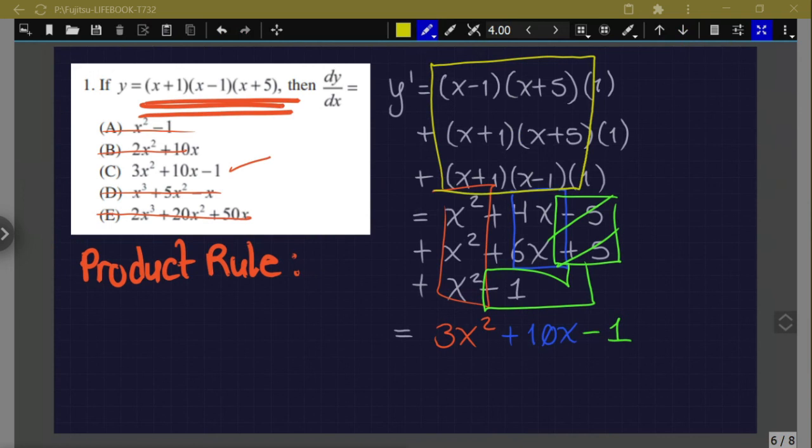They will tell you that it is equal to x minus 1 times x plus 5, plus x plus 1 times x plus 5, plus x plus 1 times x minus 1. They will just give you that part without factoring. You will have to figure out that they are basically indicating to you that the power rule is what they are using in that case.